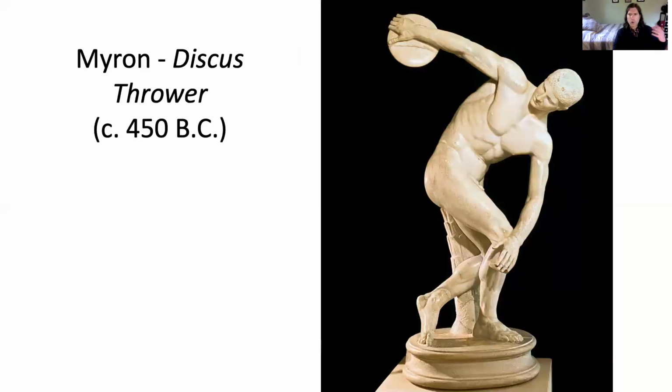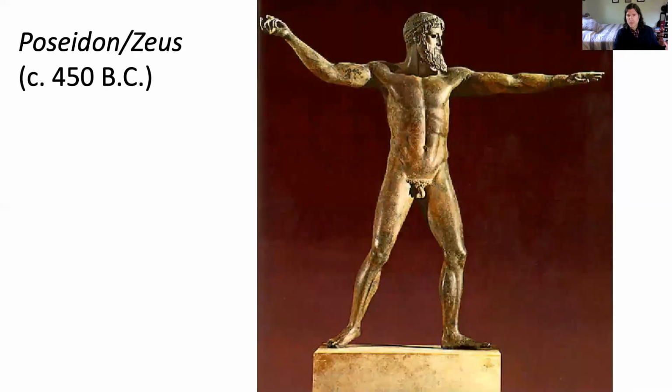You're also going to be looking at Myron's Discus Thrower, the Poseidon and Zeus. Notice we don't know the name of this sculptor, but we do know the name of several of these sculptors. Again, that illustrates the fact that the Greeks really did celebrate their artists as great individuals.